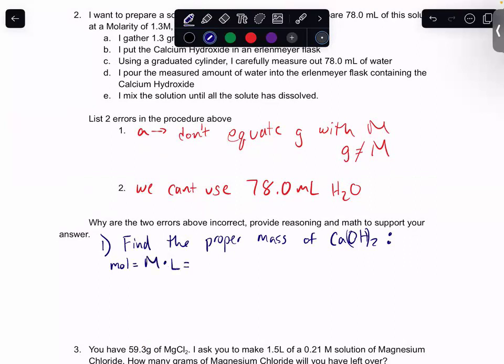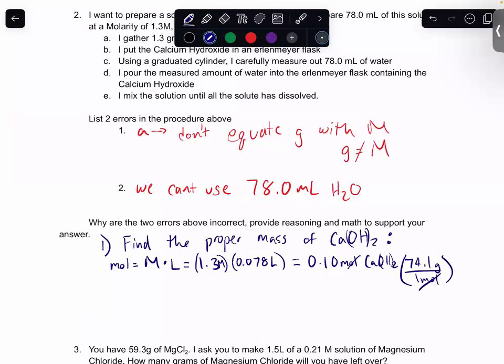In our case, it is 1.3 molar times 0.078 liters, which gives us a value of 0.10 mole CaOH2. From there, we'll convert that into grams by using the molar mass. 1 mole is equal to 74.1 grams. Mole will cancel, and we will find that we need a mass of 7.4 grams CaOH2.